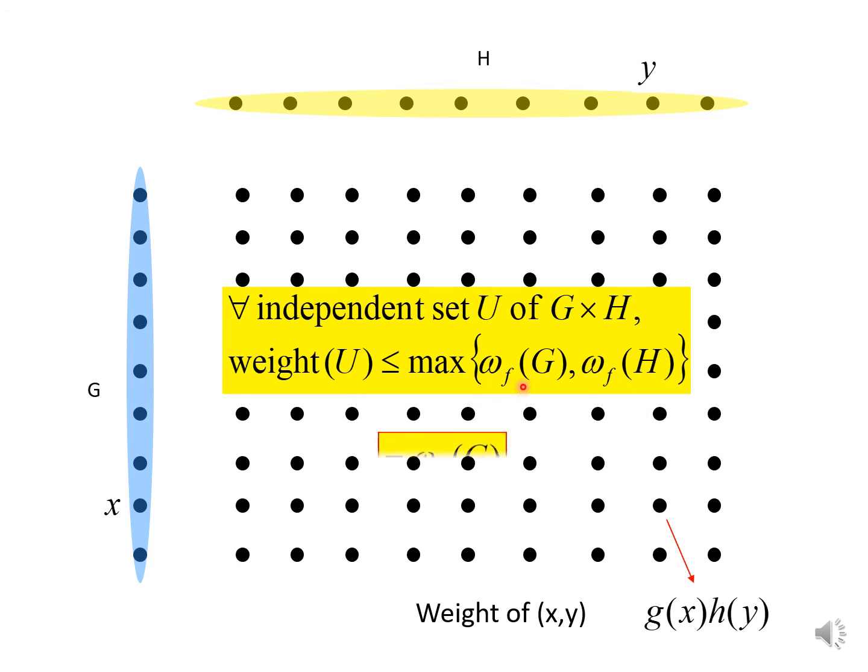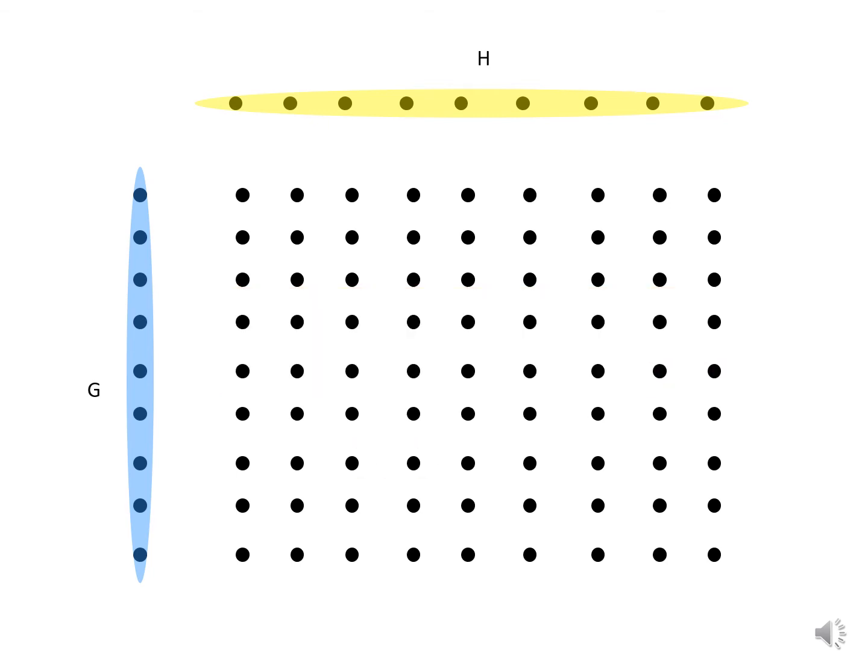We may assume that this maximum equals this one. This is the maximum one. This is again just for convenience, so we do not have to write the maximum. We just assume this is the maximum. Now, let's review: these are the vertices of the product graph, and what are the edges?